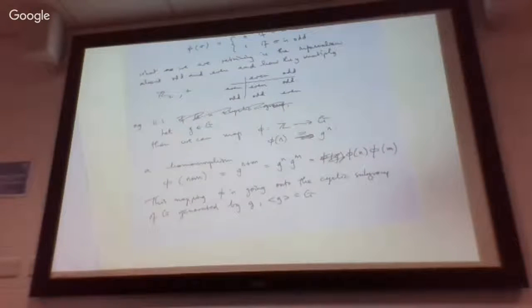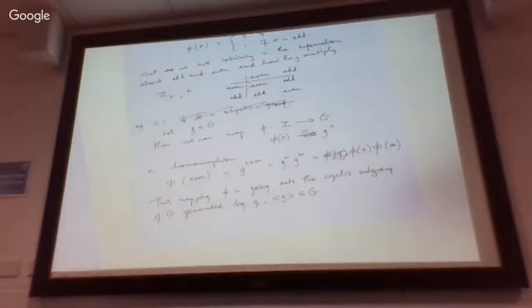Of course, it could be the whole of G if G happens to be a cyclic group generated by that element little g, then that would be the whole of G. But otherwise, it's a proper subgroup. Any questions about the definition and those two examples?